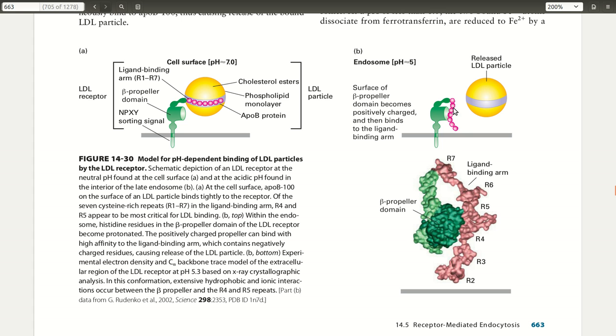It will be released from the 7 residue arm, and the surface of the beta propeller here in green becomes positively charged, which causes it to bind to this negatively charged cysteine residue arm. And here's an electron density map of this binding.